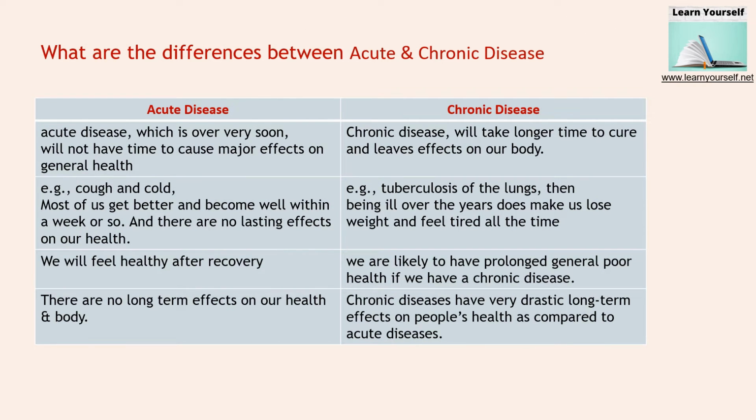So what are the basic differences between acute and chronic disease? An acute disease, which is over very soon, will not have time to cause major effects on general health. We can differentiate both diseases based on how long they are in our body.